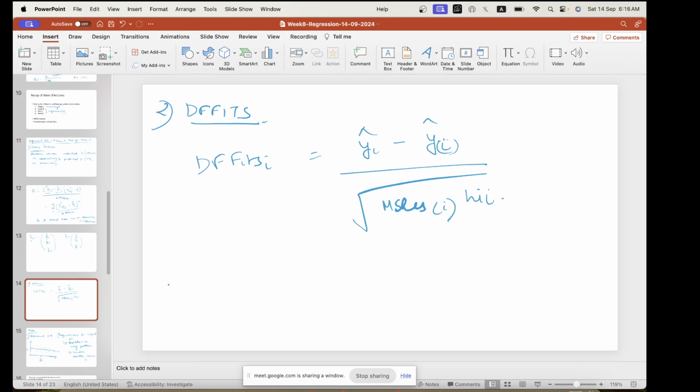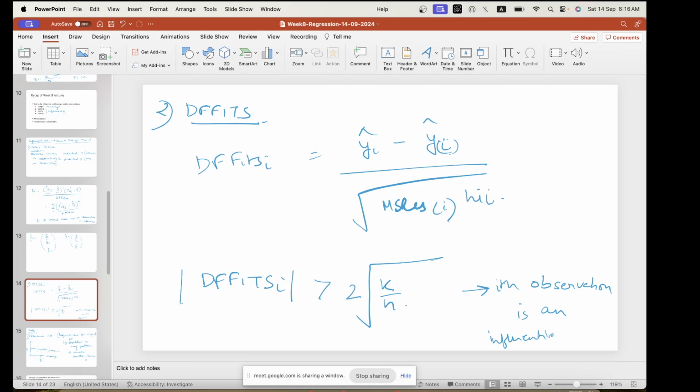And the cutoff is, if the absolute value of DFFITS i is greater than 2 into root over k by n, then we can conclude that the ith observation is an influential point.